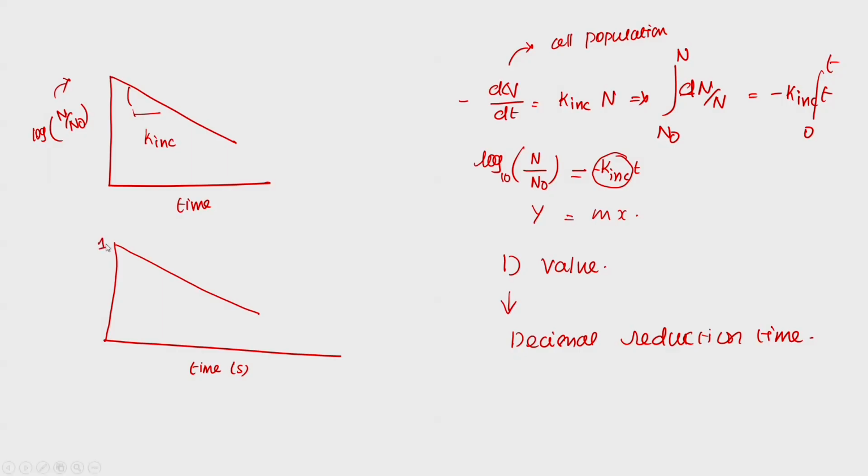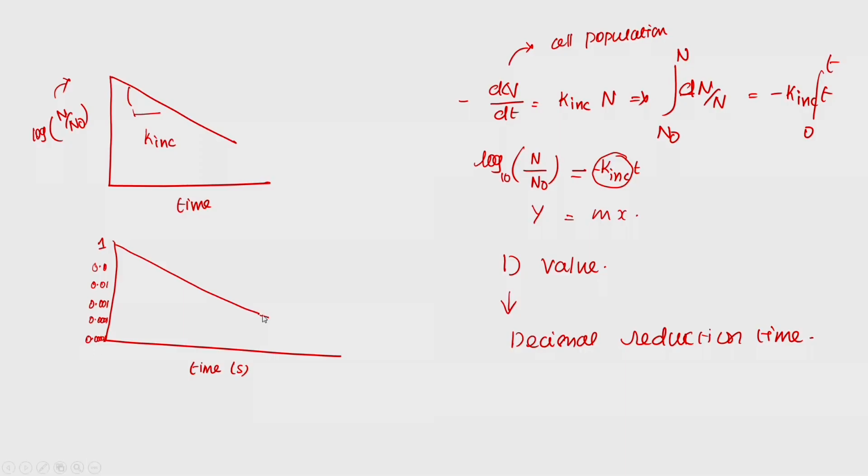So, 1 is nothing but my initial concentration N naught. So, this is where it starts. So, that is 1. Then this is 0.1. The next one is 0.01, the next one is 0.001, then the next one is 0.0001, then the next is 0.00001, right.